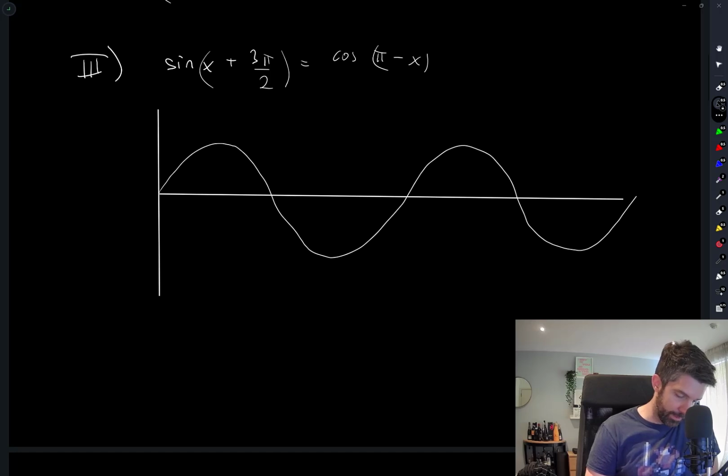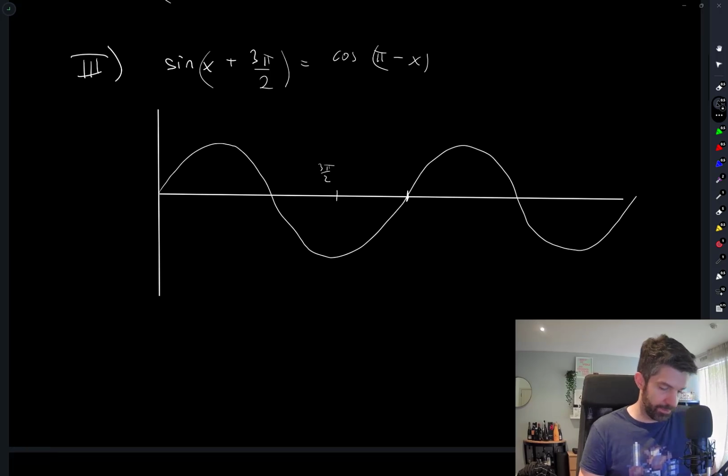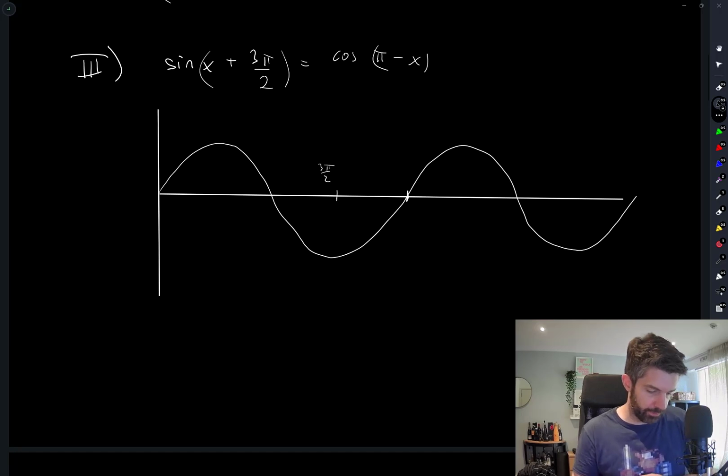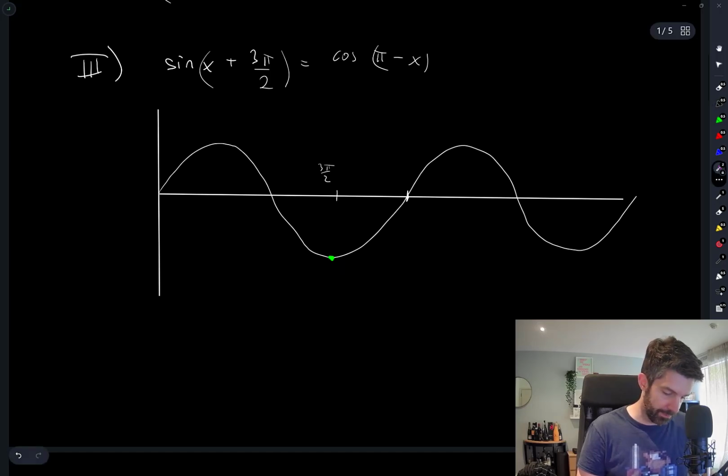So there's sine x. That's 3 pi over 2. If I take this and shift it to the left by 3 pi over 2, then I end up with that curve there.